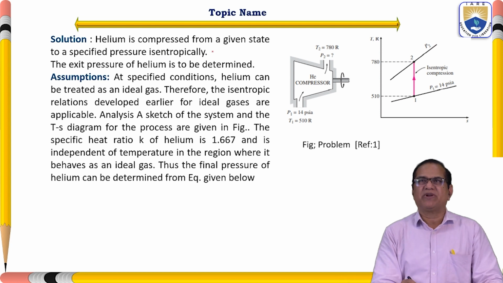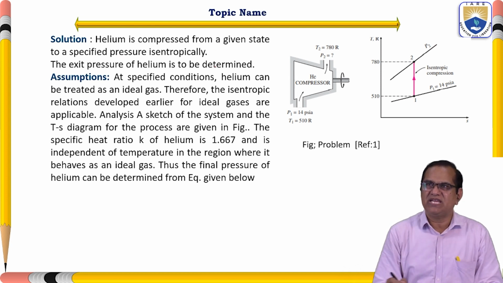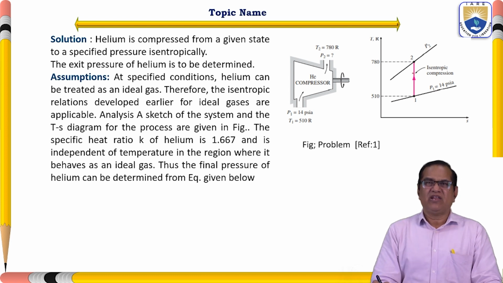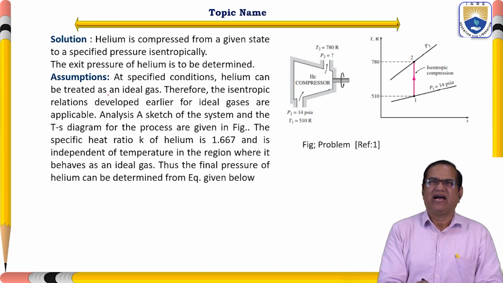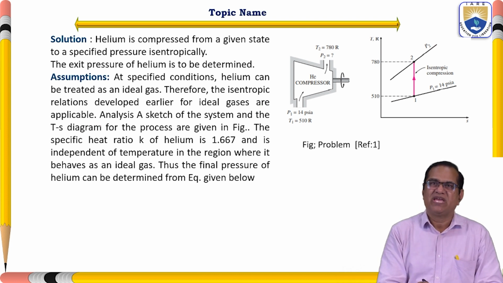So helium is compressed from a given state to a specified pressure isentropically from 1 to 2, as shown in this diagram. Here we have some assumptions. At the specified condition, helium can be treated as an ideal gas. Therefore, the isentropic relations developed earlier for ideal gases are also applicable for helium.